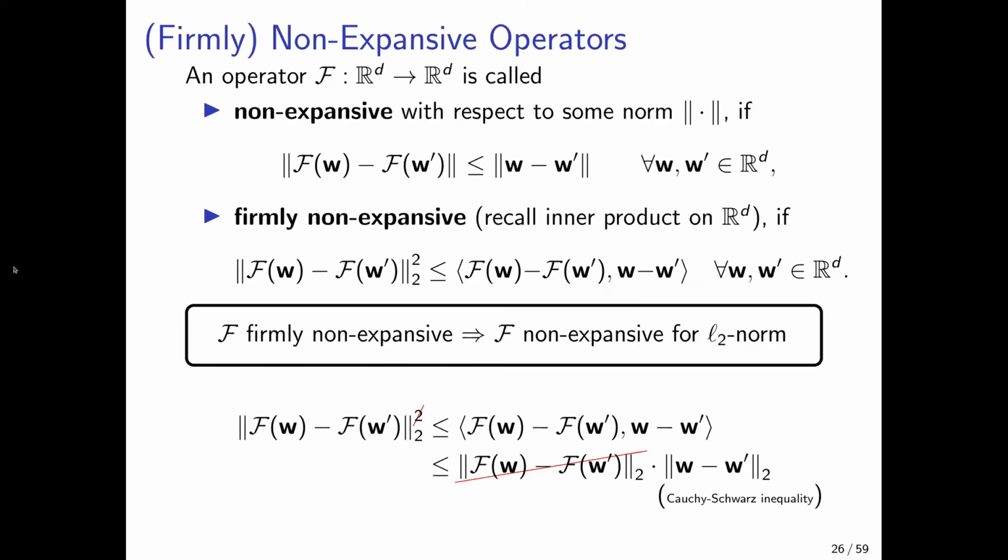So let's start with the definition. Once again, we consider some operator f, calligraphic f, mapping from R^D to R^D, and we call this non-expansive with respect to some norm simply if the distances between any pair of points do not increase when we apply f.